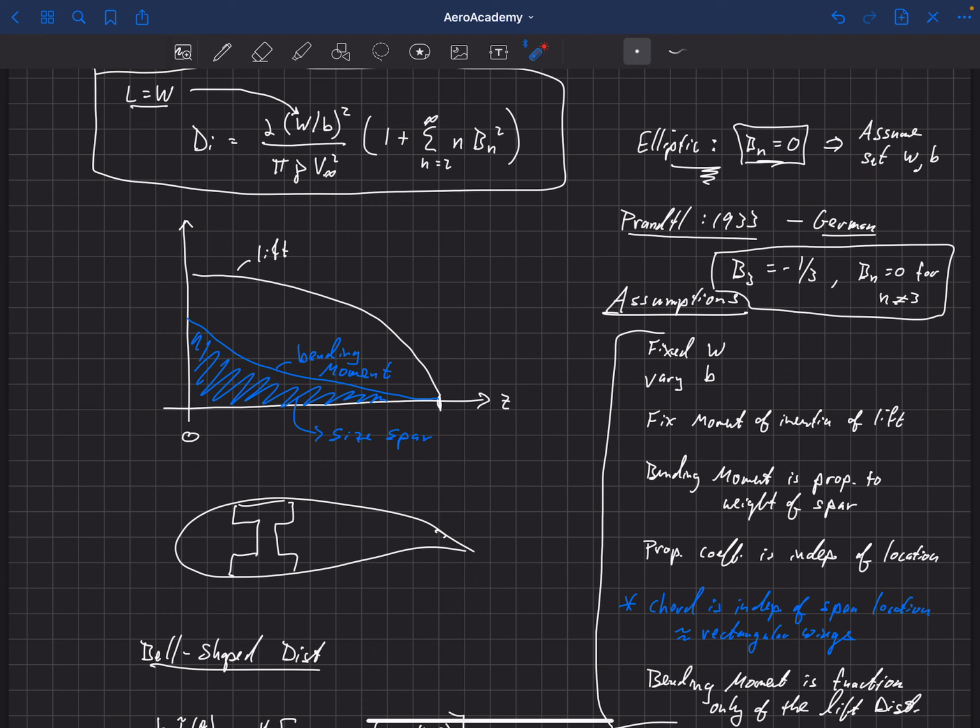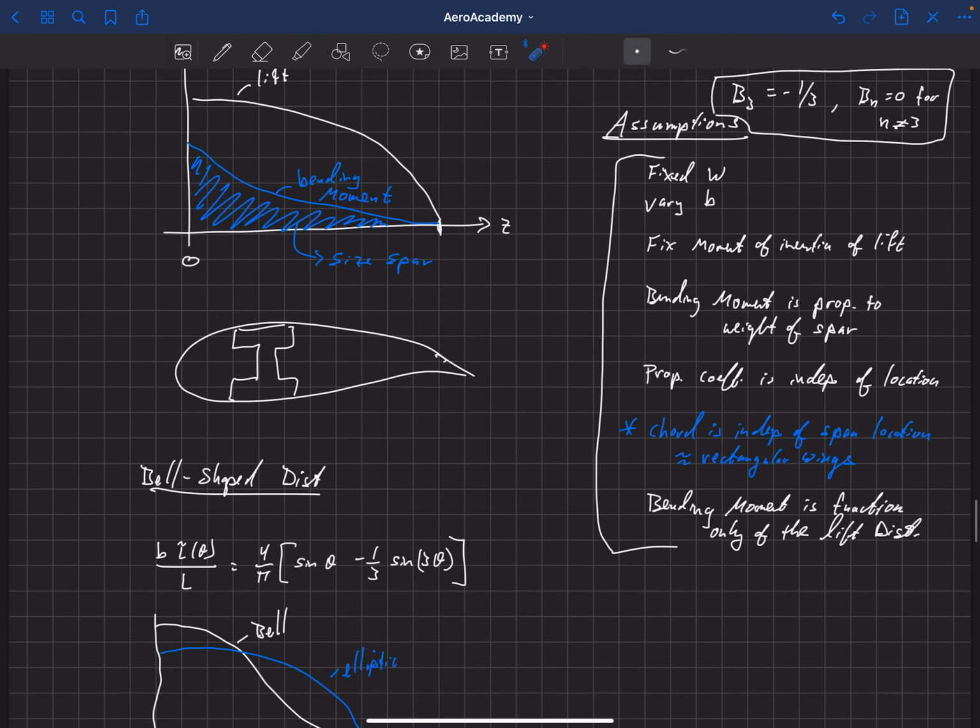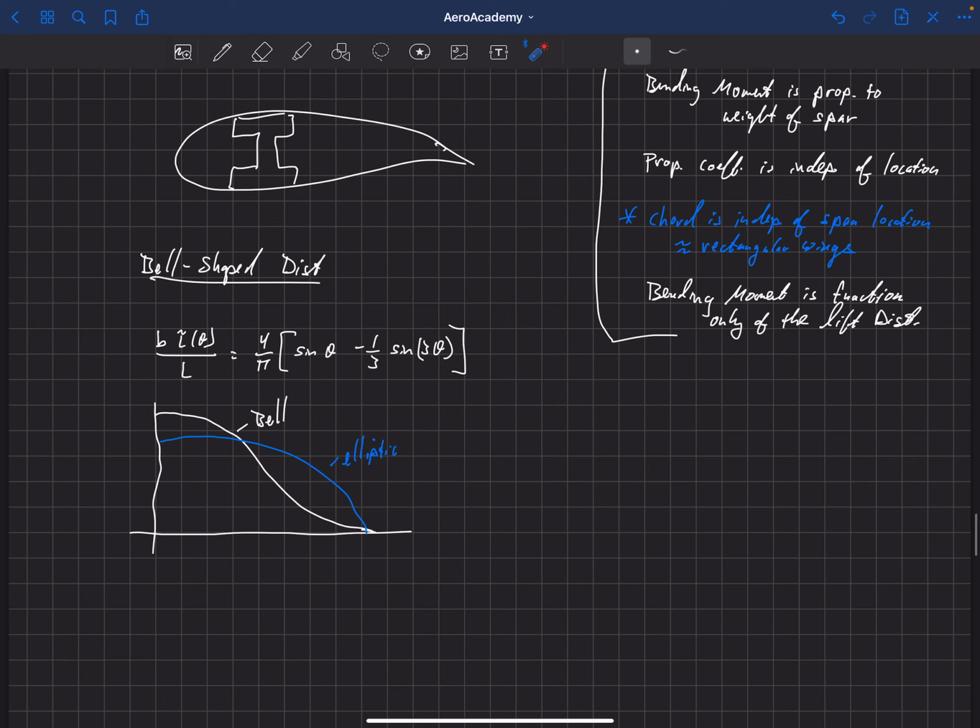Okay, so let's talk about some results of this bell-shaped lift distribution. A couple of results to be aware of: the wingspan of the bell-shaped lift distribution increases relative to the elliptic lift distribution solution.